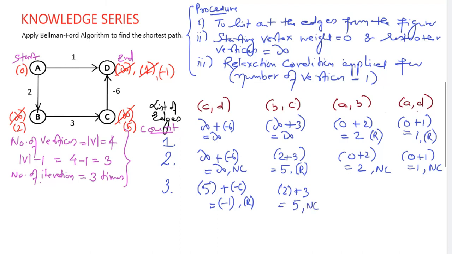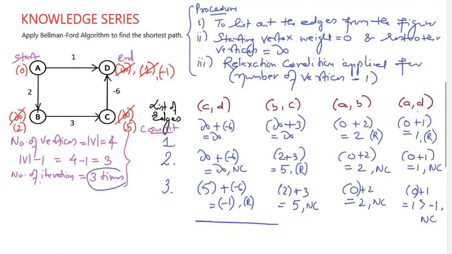AB: 0 plus 2 is 2, no change. AD: 0 plus 1 is 1, which is greater than minus 1, so no change. So we stop here because of the 3 iterations.